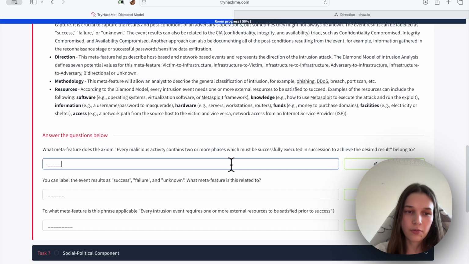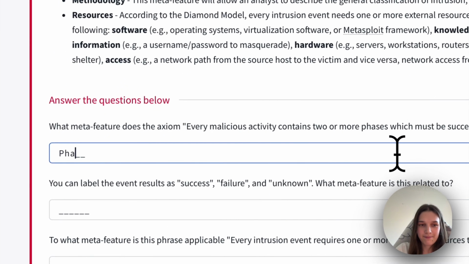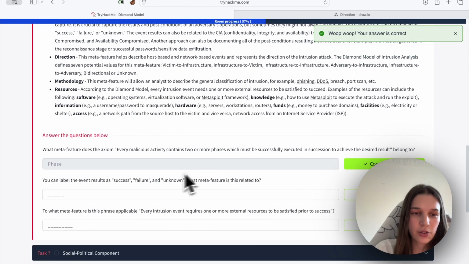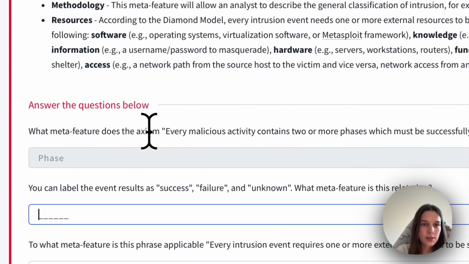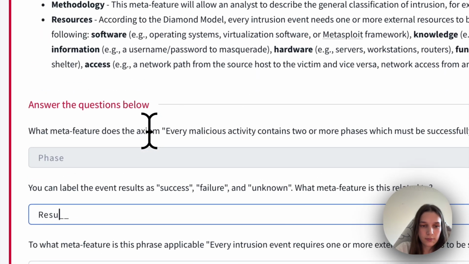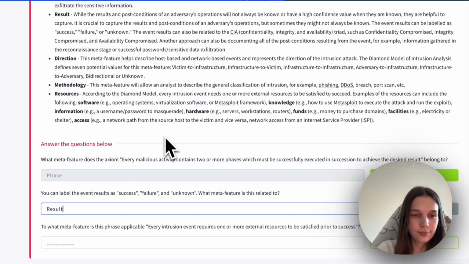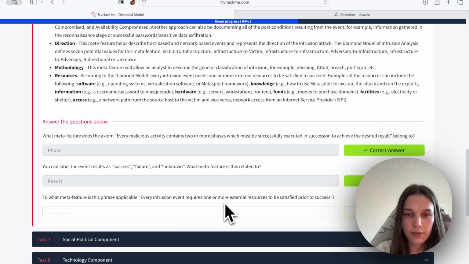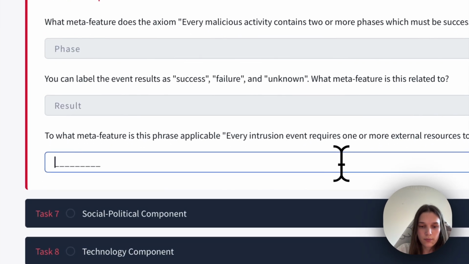So the answer will be phases. You can also label the result, success or failure, so this is basically a result. Every intrusion event requires one or more external resources to be satisfied, so this will be resources.